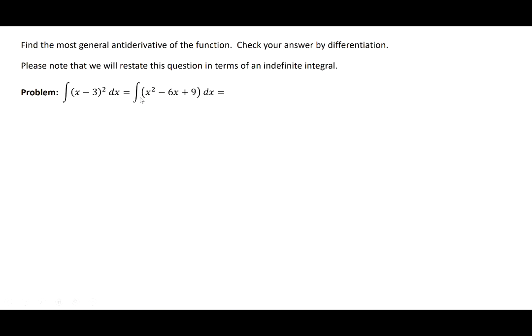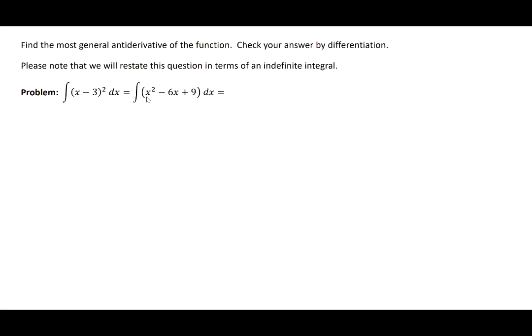Okay. Now, is the integral of a sum and difference equal to the sum and difference of the integrals? So that means, can I split this as the integral of each component? X squared. What's the integral of x squared? Do you remember? Earlier I said the integral of x to the n dx is x to the n plus 1 over n plus 1.